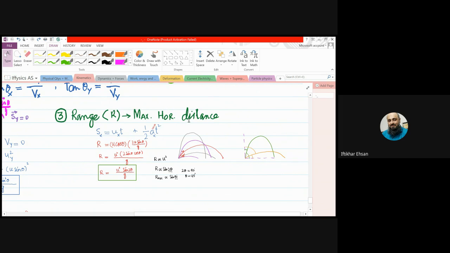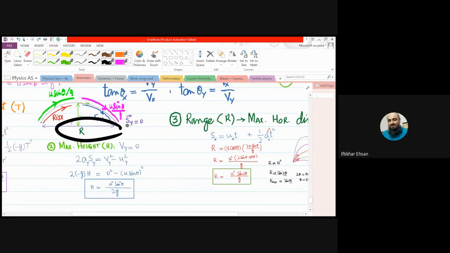Range is the maximum horizontal distance covered by the projectile, from the point of projection to the point of landing, and this horizontal distance is said to be the range. We have mentioned it here.